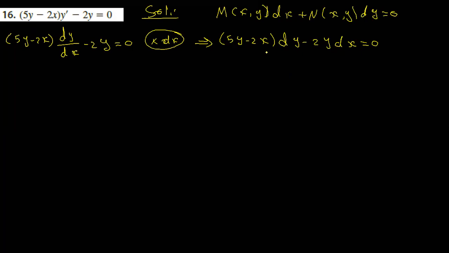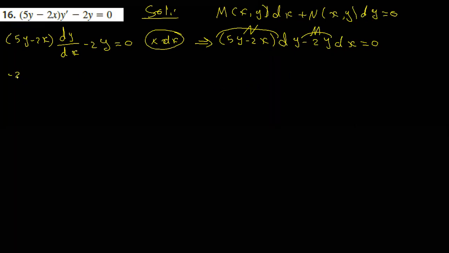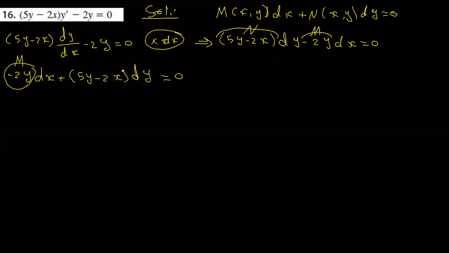You are right, this is N, and this is M. Some students usually prefer to start with dx, so they will write minus 2y dx plus (5y minus 2x) dy equals 0. This is your M. Please don't leave the meeting, it is a very important lecture. And this is my N.